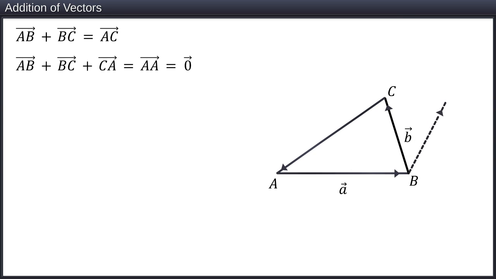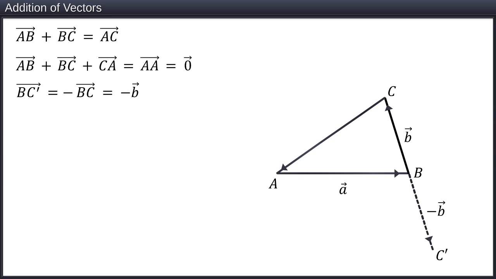Now, let us draw a vector BC' that is equal in magnitude but opposite in direction to vector BC. Thus, vector BC' is equal to minus vector BC. In triangle ABC', vector AC' is equal to the sum of the vectors AB and BC'.